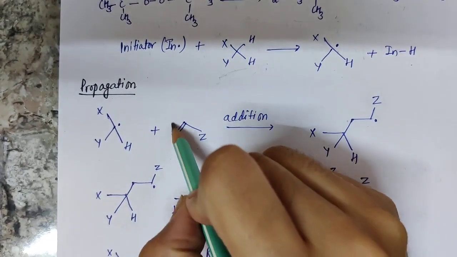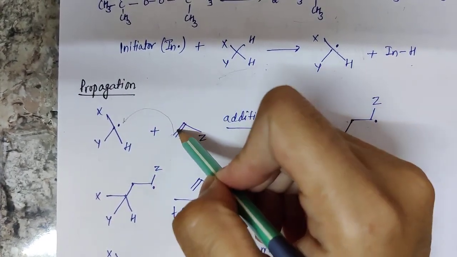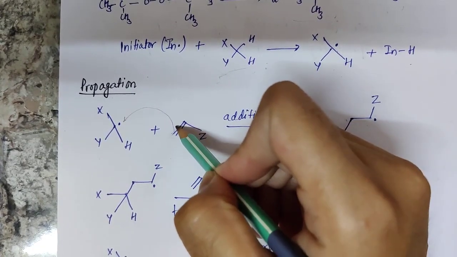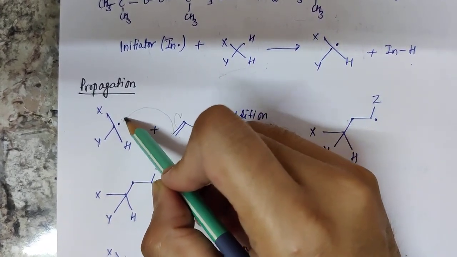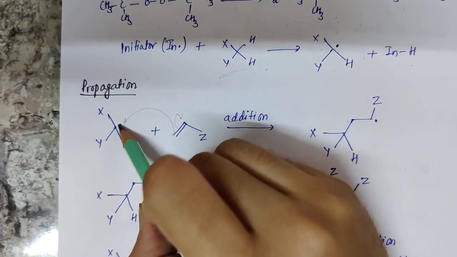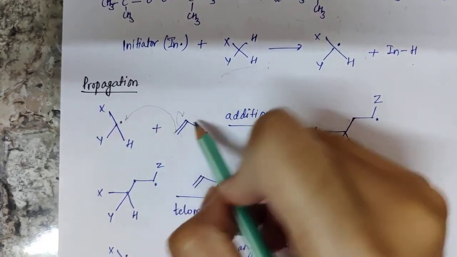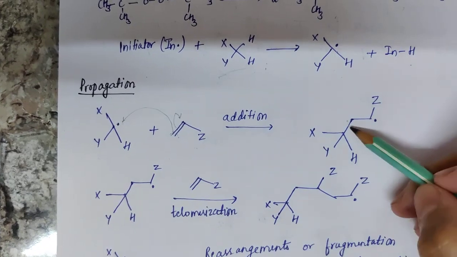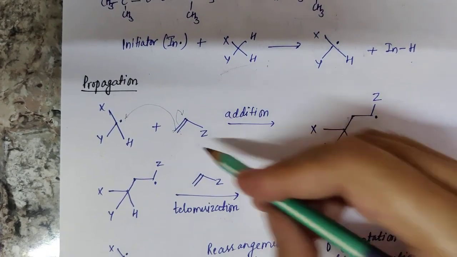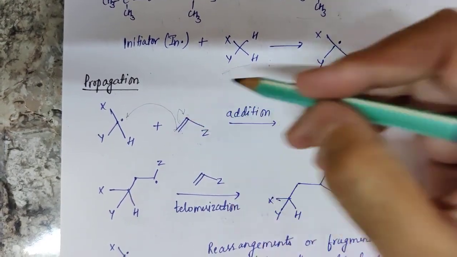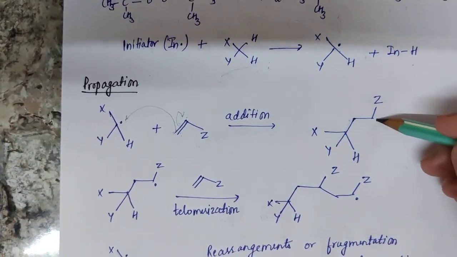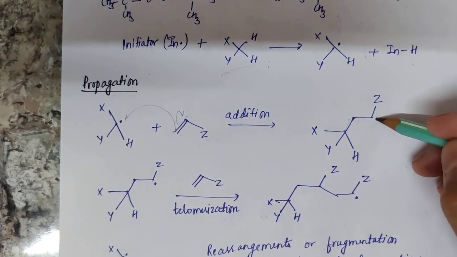So it will attack the radical. The pi bond will cleave. One of the electron will combine with this radical electron and form a bond. So this bond is formed, and one of the electron will come on this carbon and form a radical here. So this is what is happening.